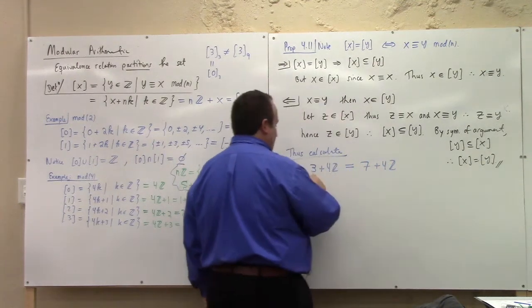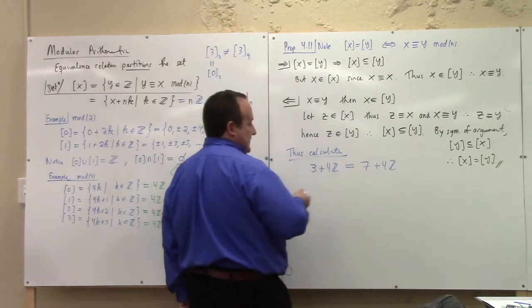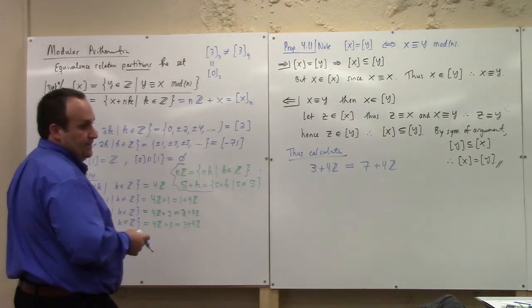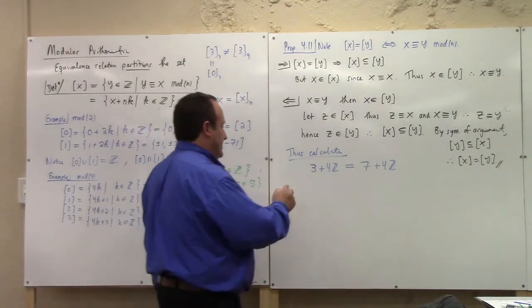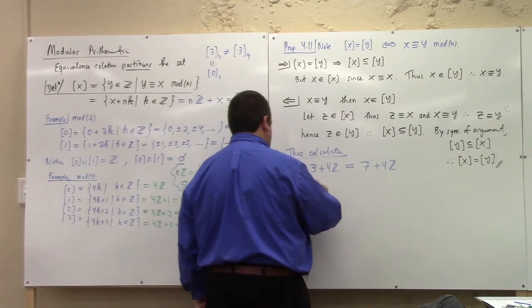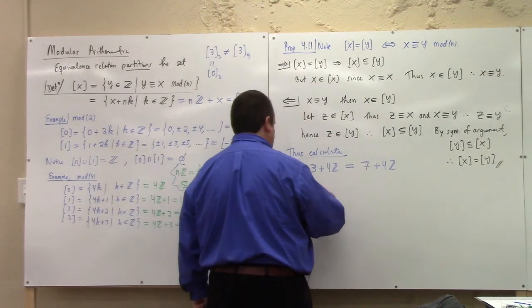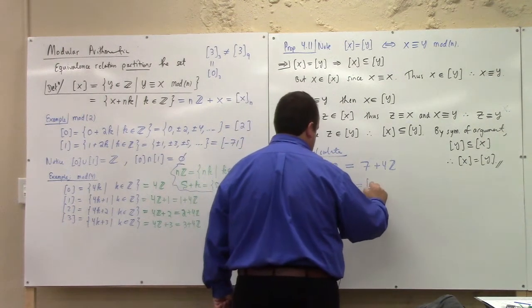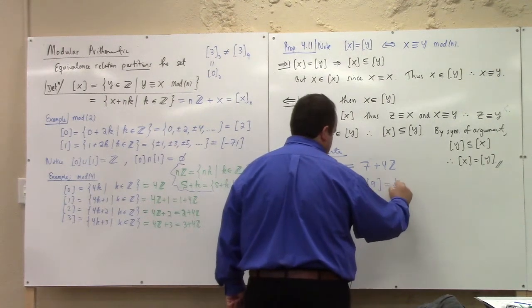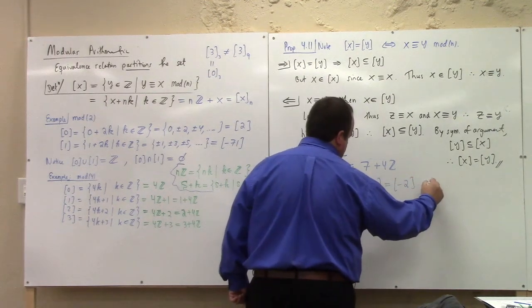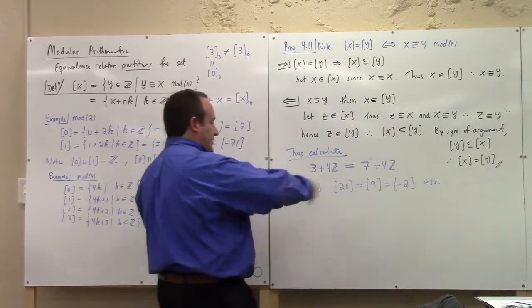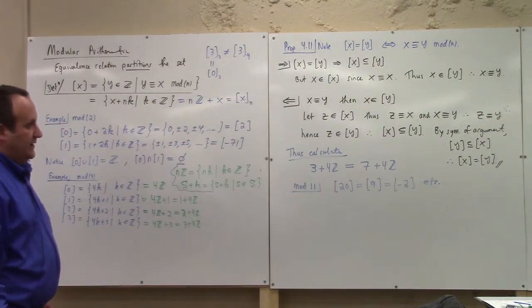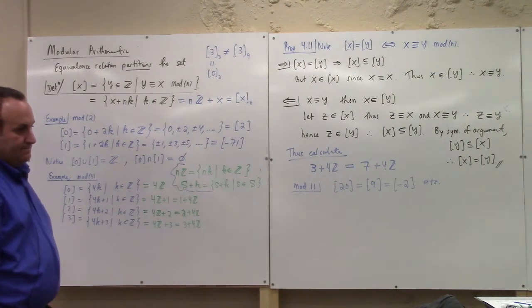You can add multiples of 4 and not change the representative, right? Or like mod 11, you've got like 20 is equal to 9 is equal to minus 2, etc. So you can add or subtract copies of your modulus and not change the equivalence class, right?